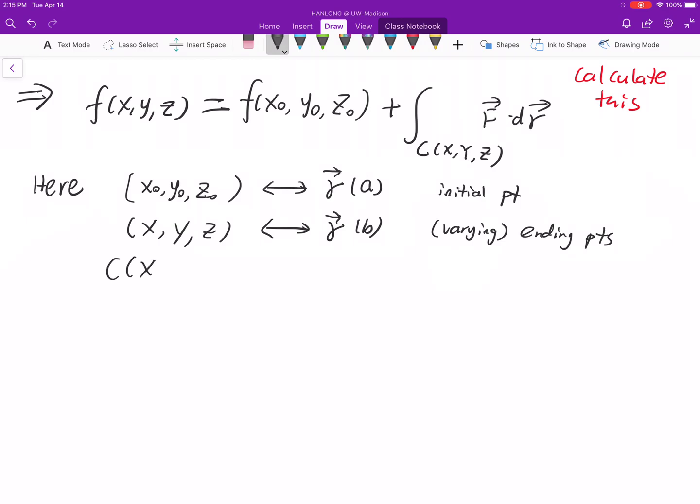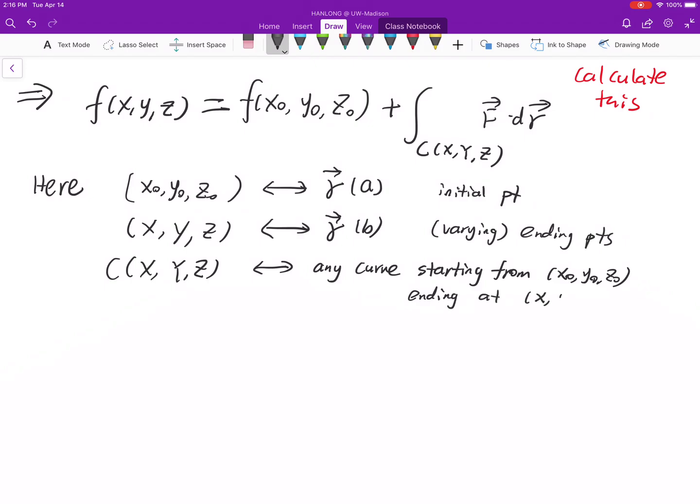and C(x,y,z) is any curve connecting, starting from (x0, y0, z0), ending at (x,y,z).